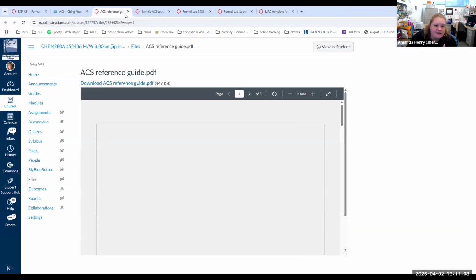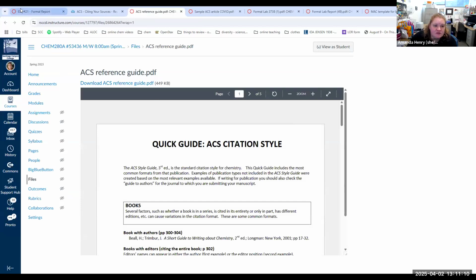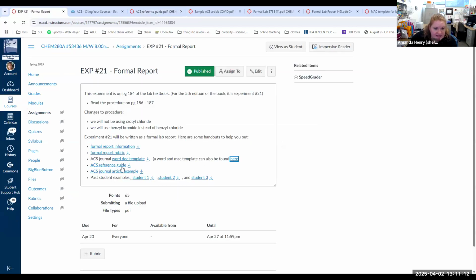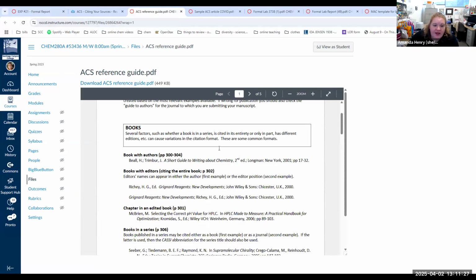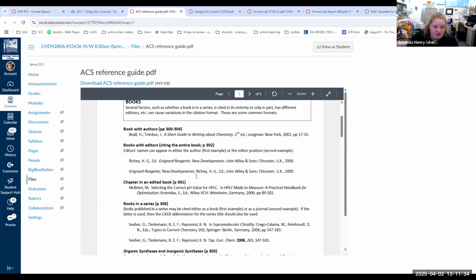So we did the template. So here, this is this link right here that says ACS reference guide. That is this guy. So this comes from a bigger book. This is the shorter version that we need to use. And it shows you how to cite your references using an American Chemical Society guide. And it has everything from a book, which, if you're using your Klein or your Pavia textbook, that's where you're going to use.